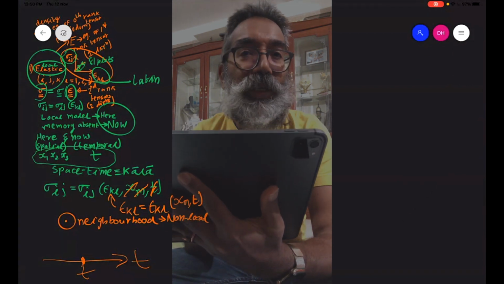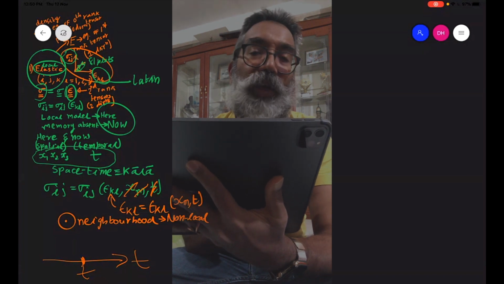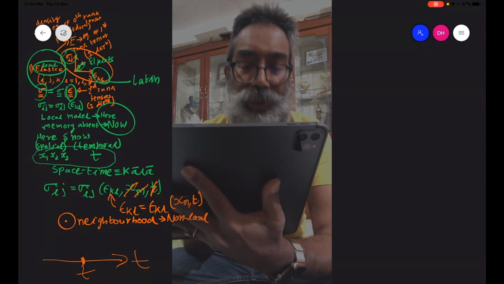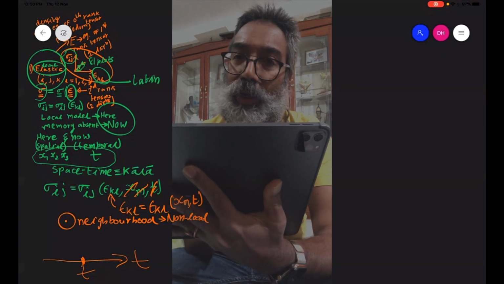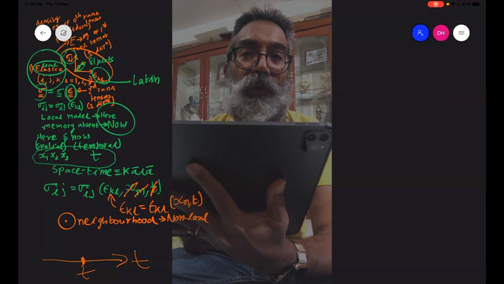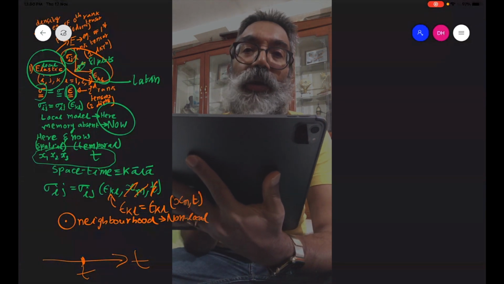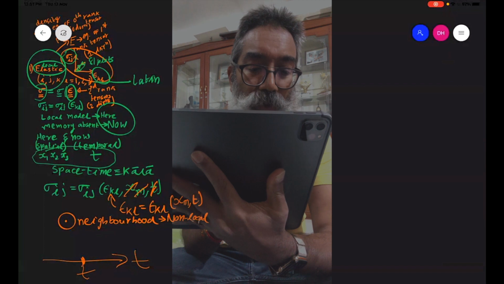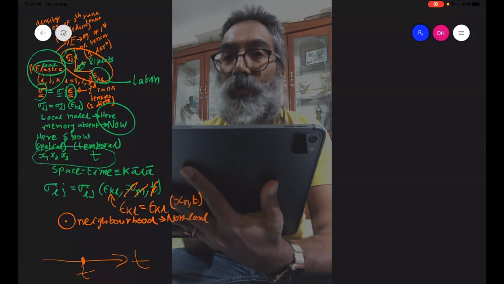For example, if it's a fiber reinforced composite, you'd be talking of a range which is of the order of 10 times the diameter of the fiber or whatever you're looking at. So with a fiber diameter of the order of 10 microns, you're talking of about a 100 micron sphere around that. And what is happening in that neighborhood can actually determine what is happening at that point of interest.